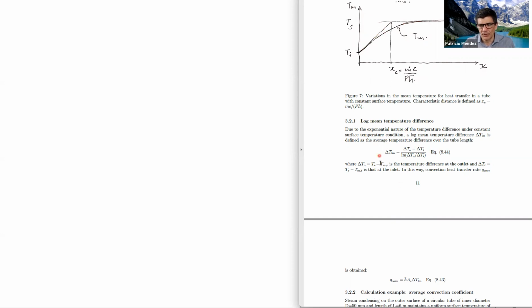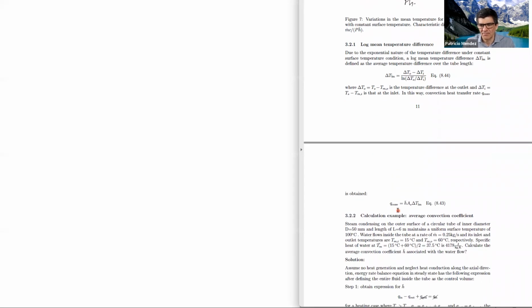Using this concept of delta T log mean, I can say that the heat that was transferred by convection is the average heat transfer coefficient times the surface area. In this case, the surface area is the surface of the pipe, right? Pi times diameter times length, the surface of the pipe, times the delta T log mean.